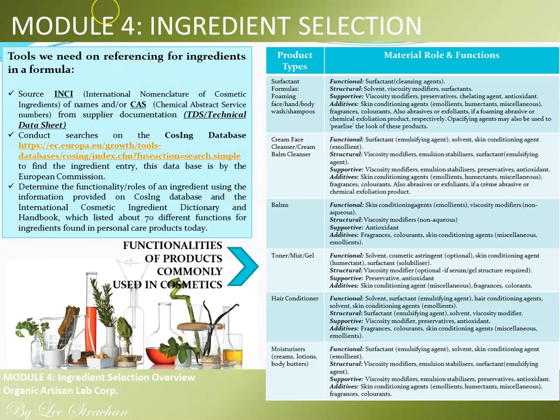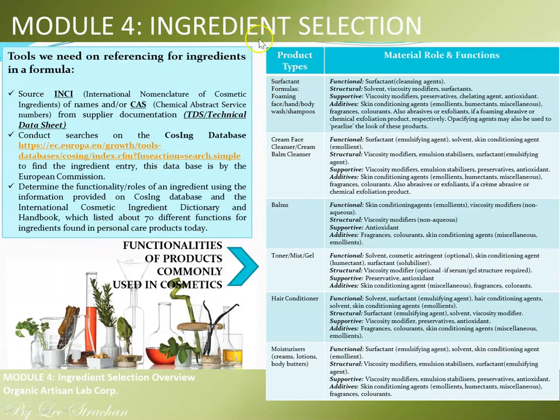So let's not use Google to search for all the information, but let's use a reliable source, which is the COSING database. Once you have checked the COSING database, you'll be able to determine the functionality, the roles of an ingredient, using the information provided there and the International Cosmetic Ingredients Dictionary and Handbook.